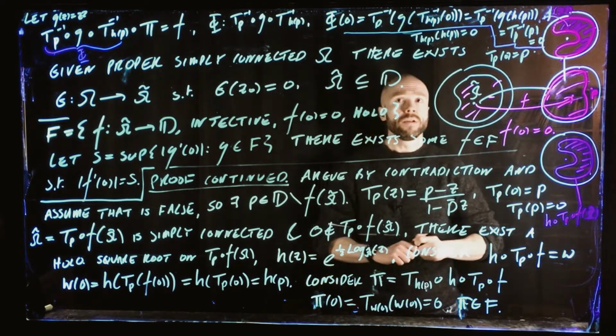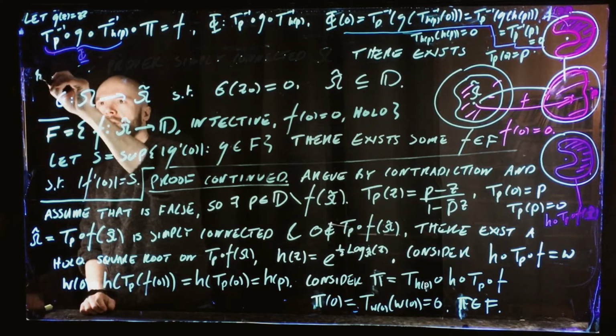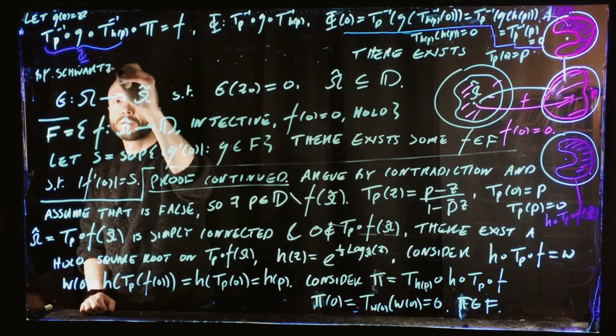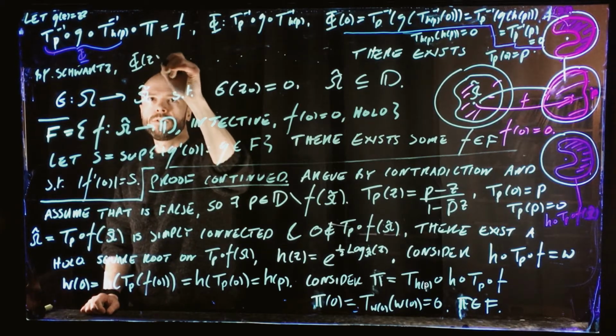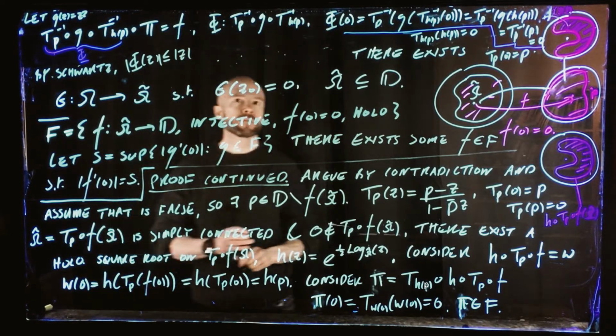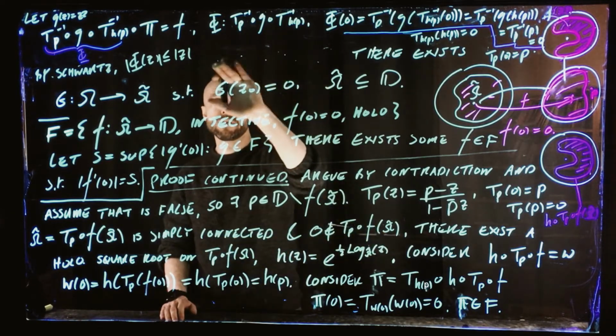And therefore we can apply Schwarz, right? So then we can apply Schwarz. We have that the absolute value of phi of z is less than or equal to the absolute value of z, with equality if and only if it is affine.